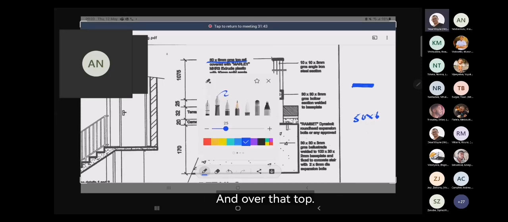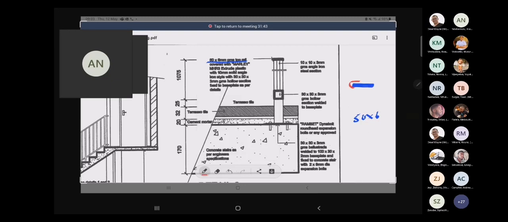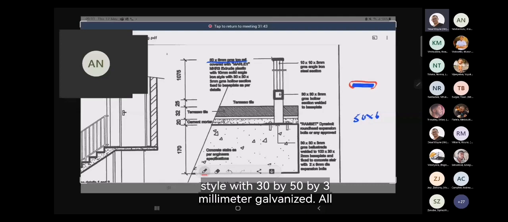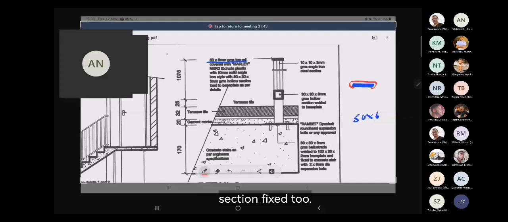And over that top, you would have this Marley extrude plastic with 10 millimeter solid angle iron and styled with 30 by 30 by 3 millimeter galvanized hollow section fixed to the base plate as the detail.